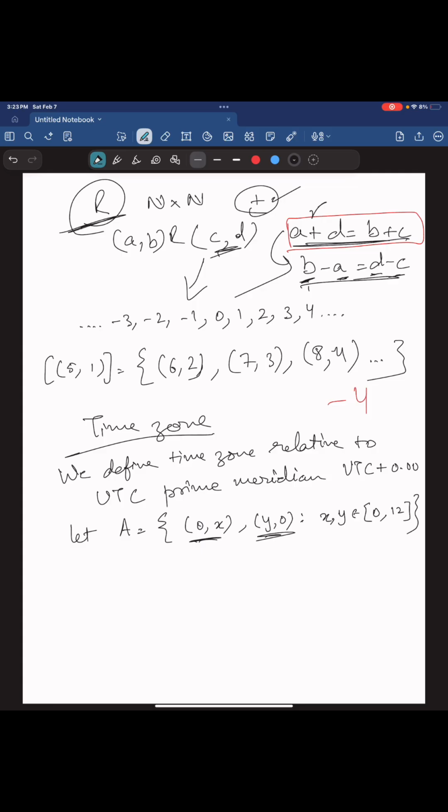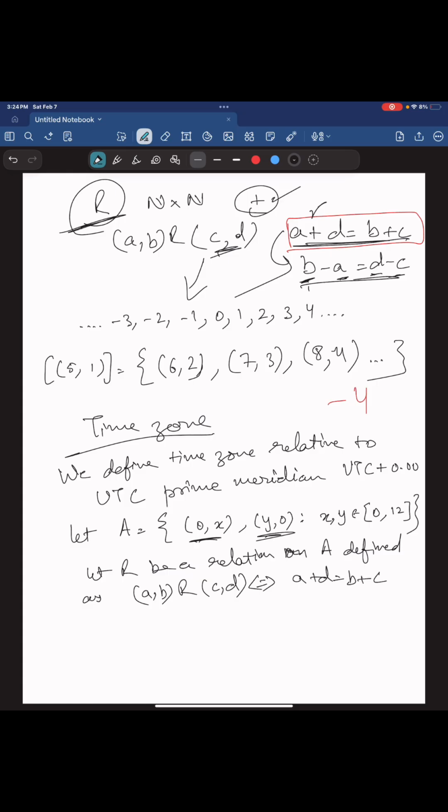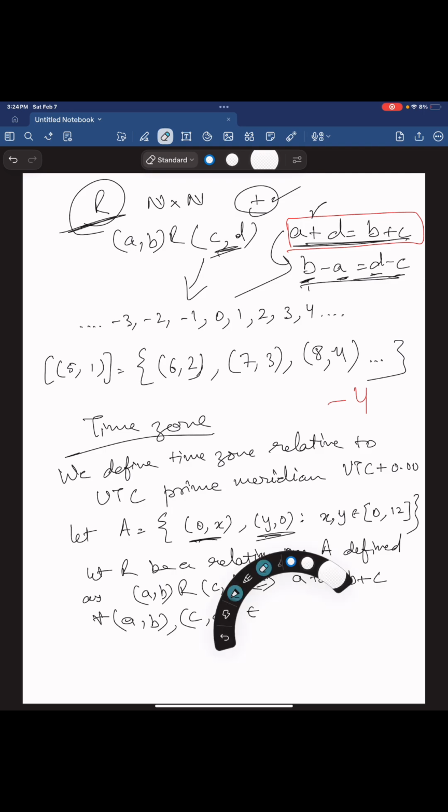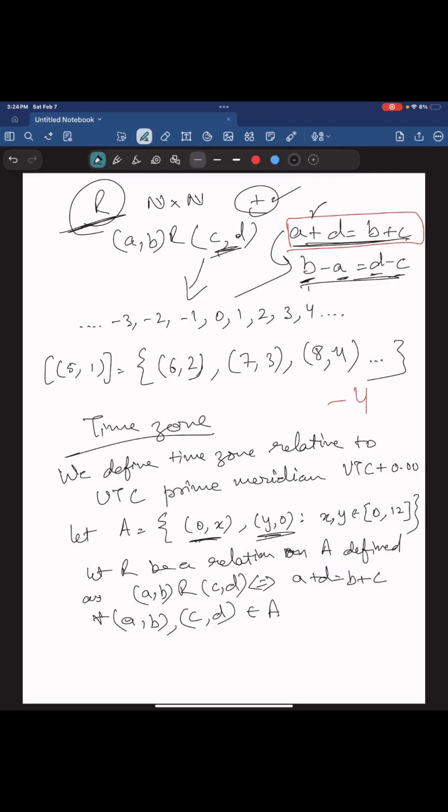And now I'll be defining the same kind of relation. Let R be a relation on A defined as (a, b) is related to (c, d) if and only if a plus d equals b plus c, for all (a, b), (c, d) belonging to A. Yes, we know that the representation is in the form of (0, x) or (y, 0).